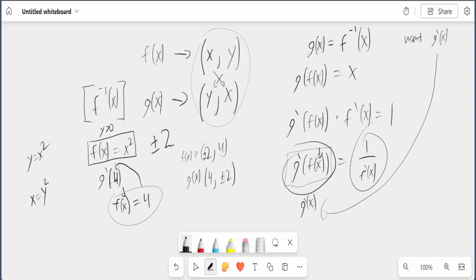Let me think about this real quick. 4. Okay, so x is equal to y squared.